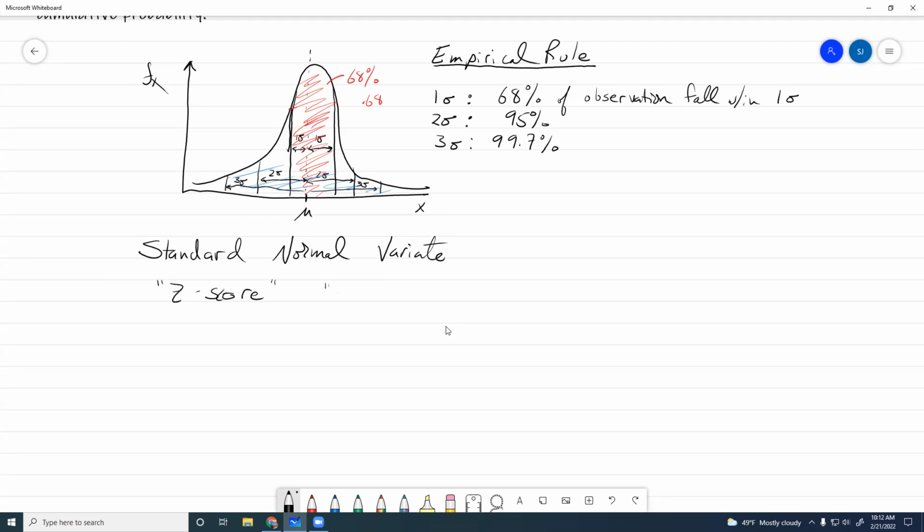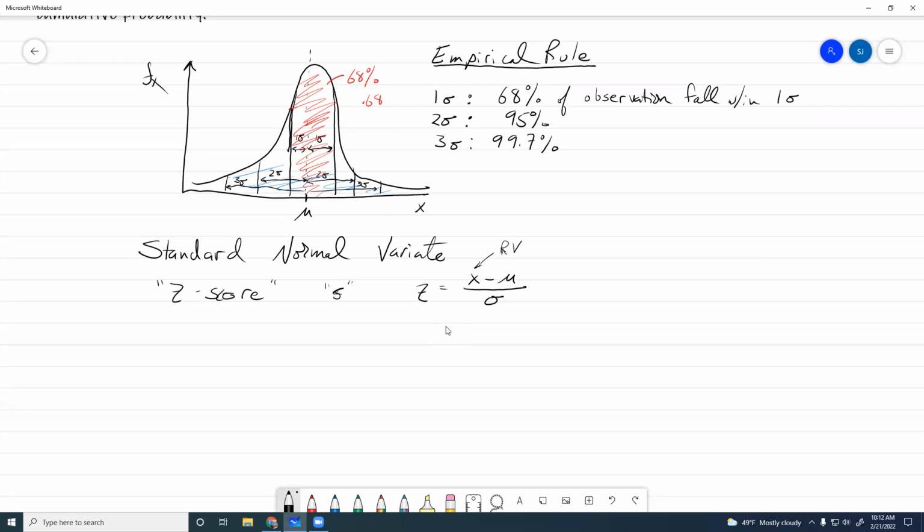In your book, it's denoted as S, which no one else uses, so we're going to ignore that. And z is equal to some value x minus the mean, divided by the standard deviation. This is just a way to standardize any value. This is whatever value of our random variable. If it's a height, it's 5'11", right? It's just some value.